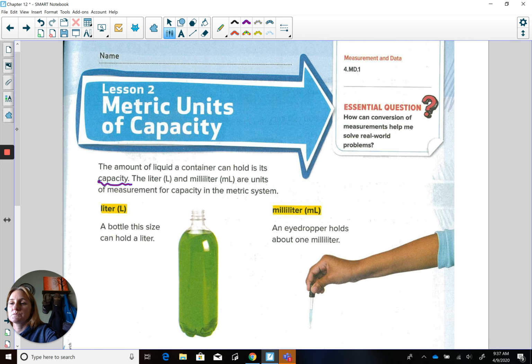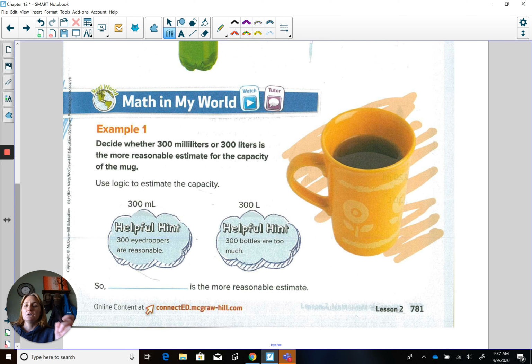Okay, so down here, first example, decide whether 300 milliliters or 300 drops or 300 liters is the most reasonable estimate for the capacity of this mug. Now, if my mug is 1 liter, would I use 300 of these to fill up that mug of coffee?